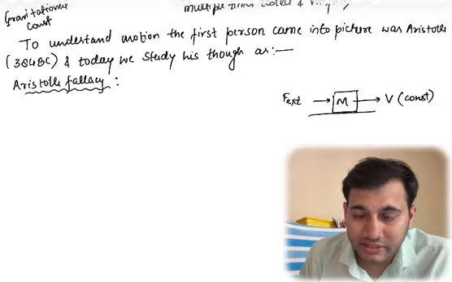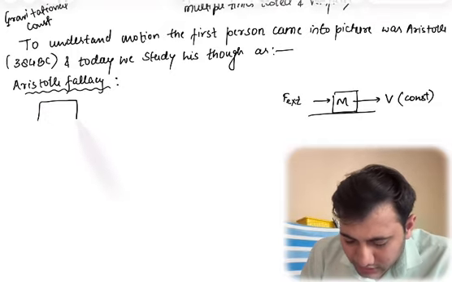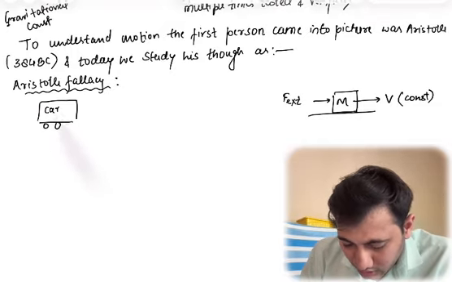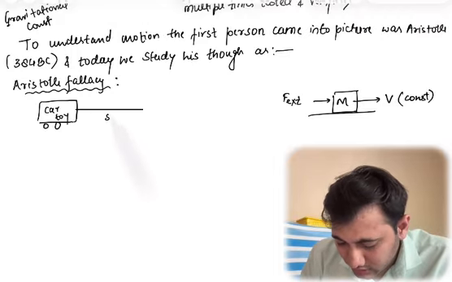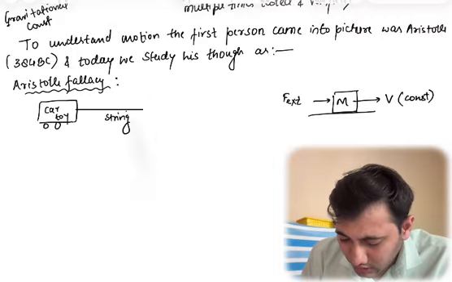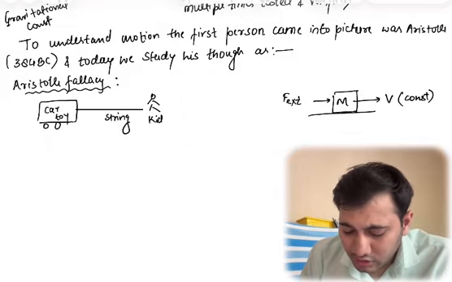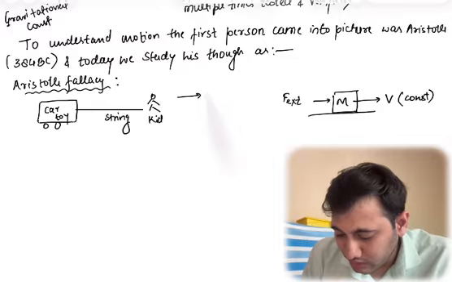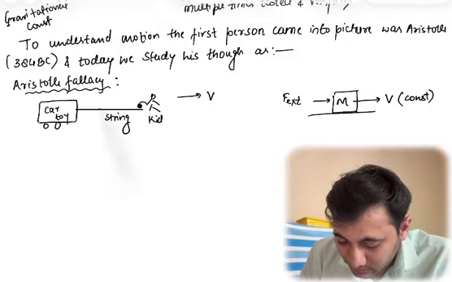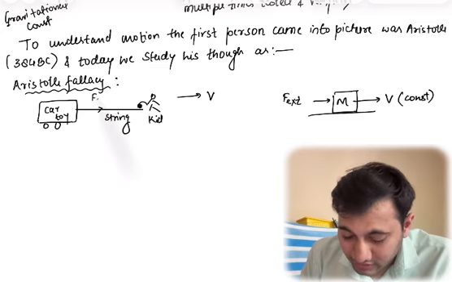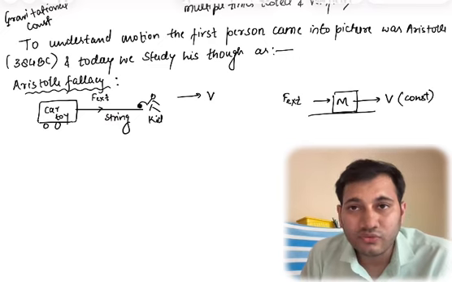Let's understand in a better way. If I consider a toy car, and suppose there is a string, and suppose a small kid is there, then this toy car will get a velocity v only when this kid pulls the string, when he applies an external force, right?